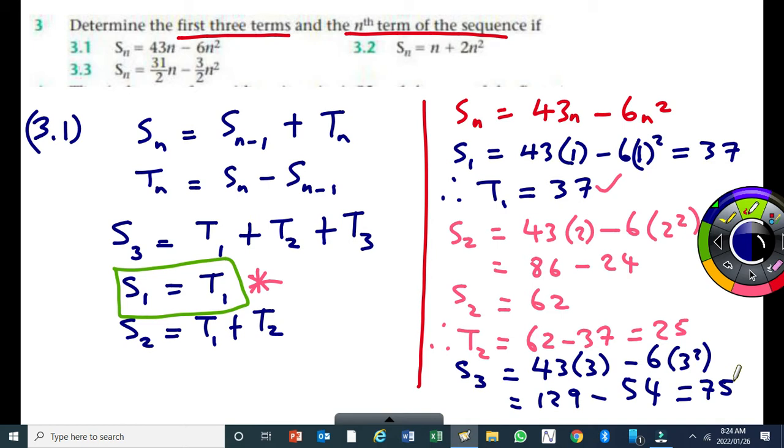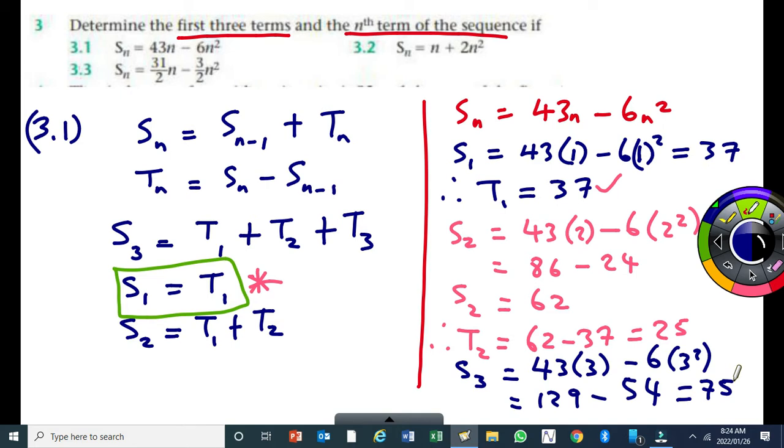Alright? Then to get the sum of 3 terms, it's S3 equal to that, we've got 75 here. 43 times 3 is 129, am I right? You've got calculators. Right? 129 minus 54 gives you 75.